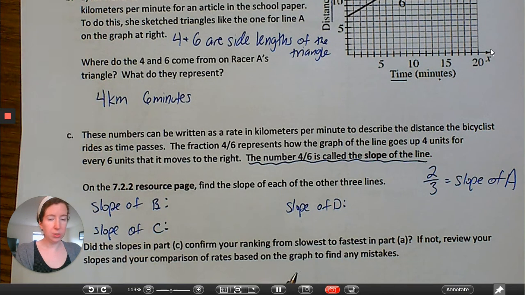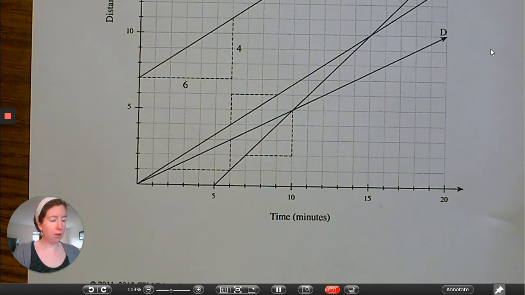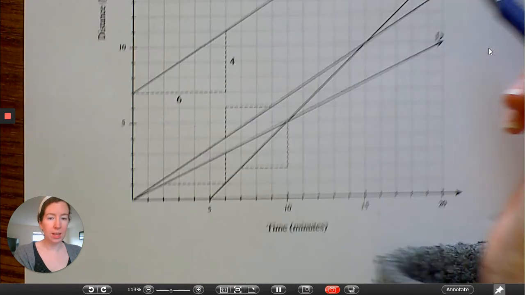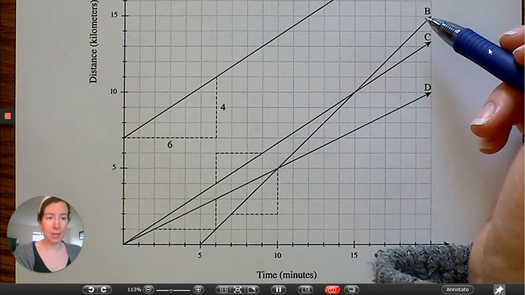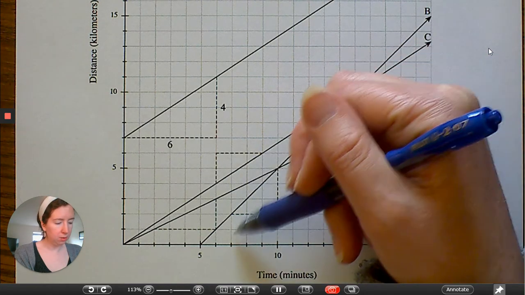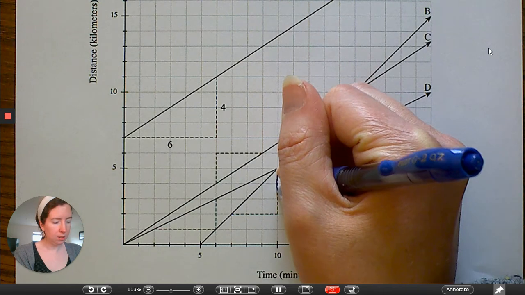Now, in the resource page, if you go there now, you can see how there are already triangles drawn for you. Okay, there are already slope triangles that are drawn. We already have A's, which is 4/6. If I look at line B, there's this line here, its slope triangle is right here.